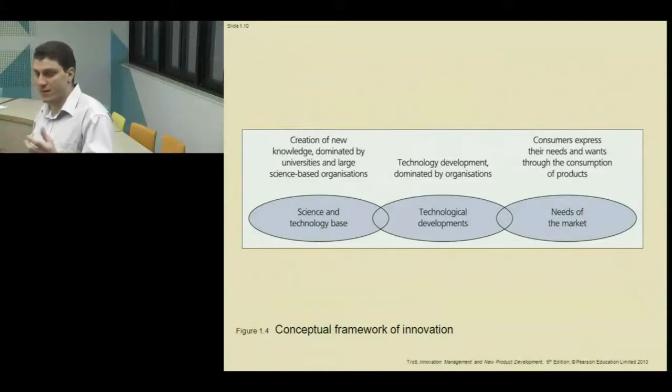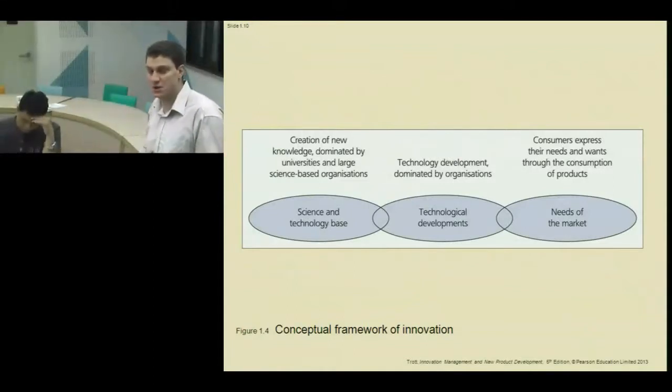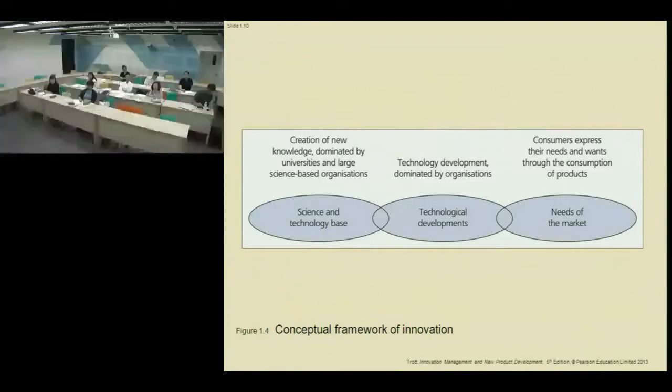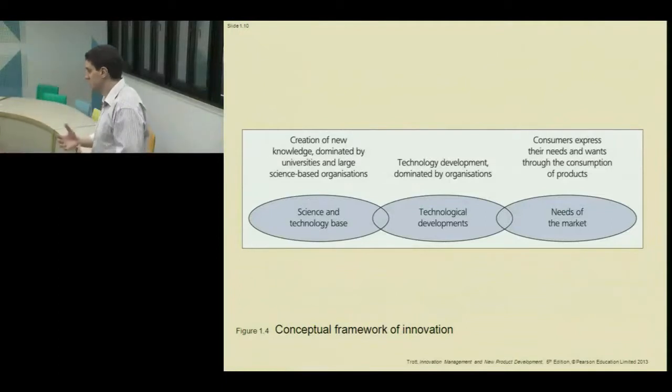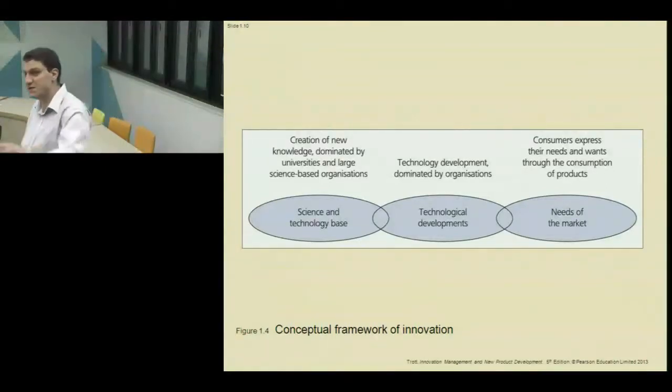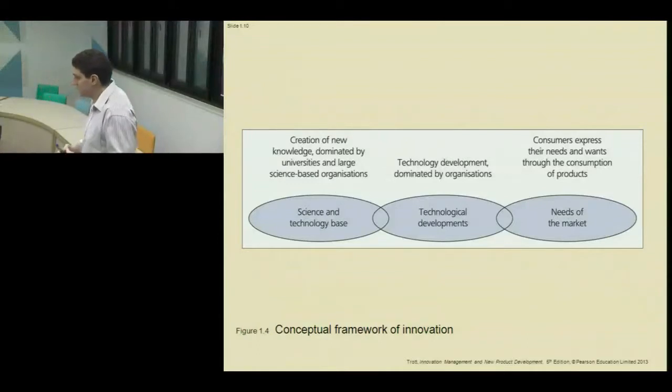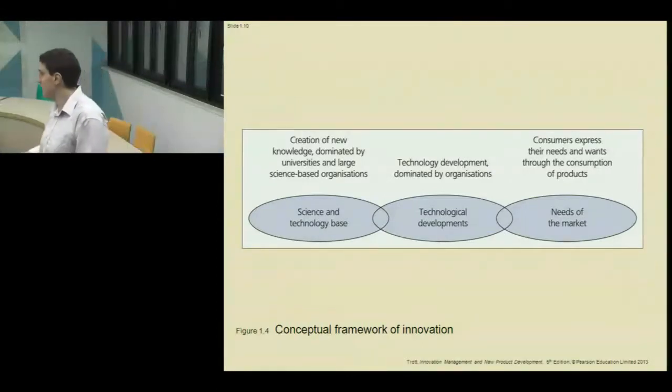So, the framework for innovation is, on one hand, the creation of new knowledge, as we said, dominated by universities or science-based organizations. We've talked about the quadruple helix, for example. We have universities and industries collaborating together. So we have science and technology based. So we start with that. What do we have next? We have technology development, dominated by firms.